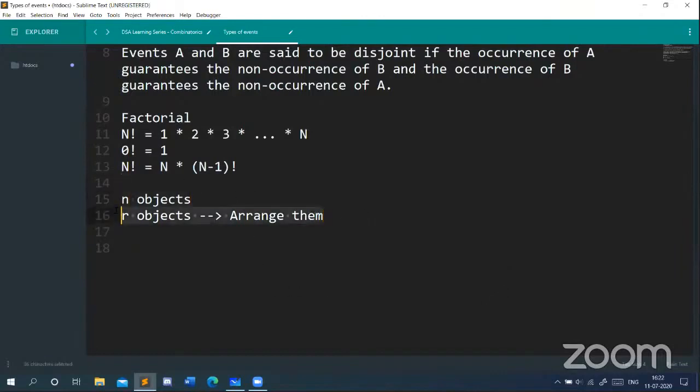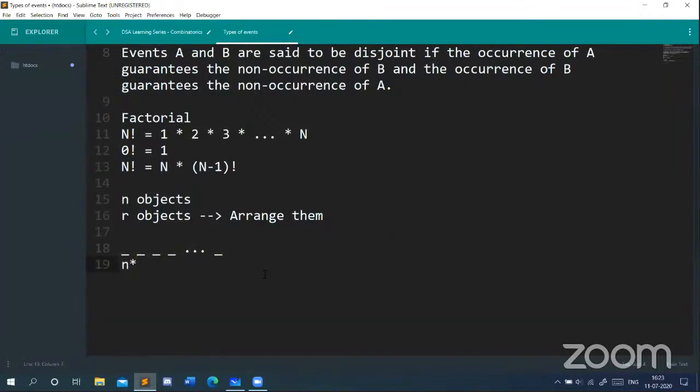So moving on to permutations. I have n objects, and I need to pick r objects out of them and arrange them in a line. So what I'll do for this is say, okay, I have r blanks. For the first blank, I'll have n choices.